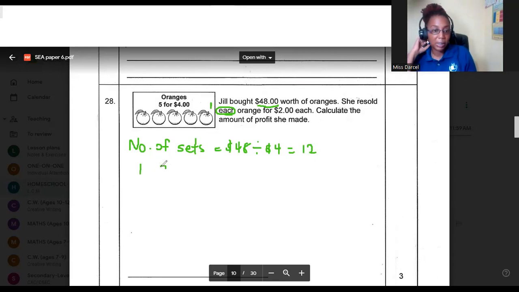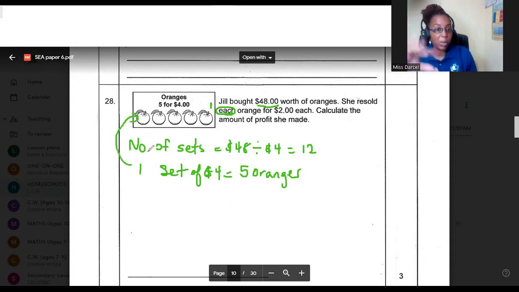So one set, because it's each, one set of $4 equals 5 oranges. That's what's written up here.